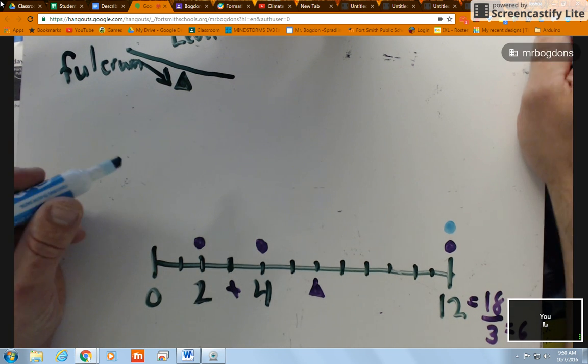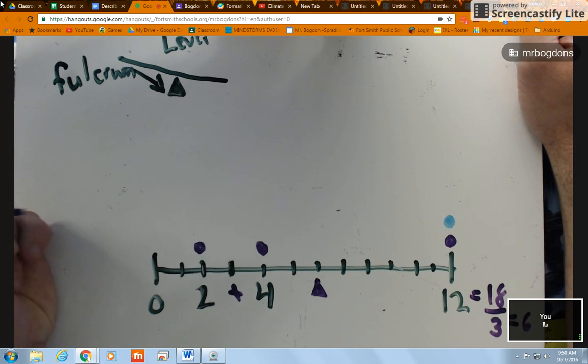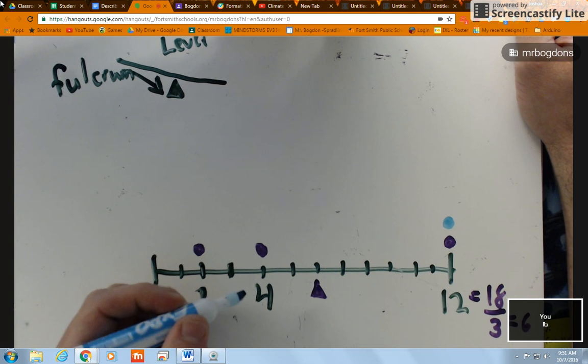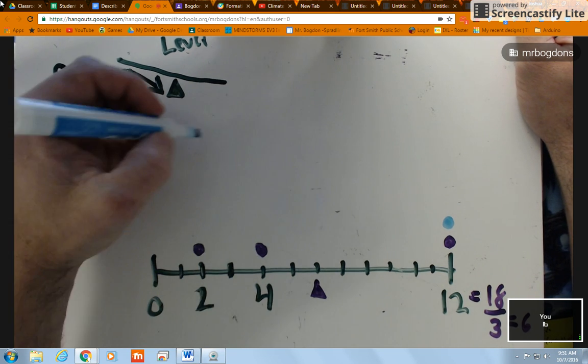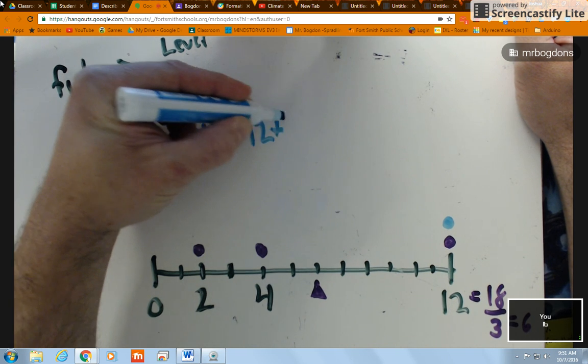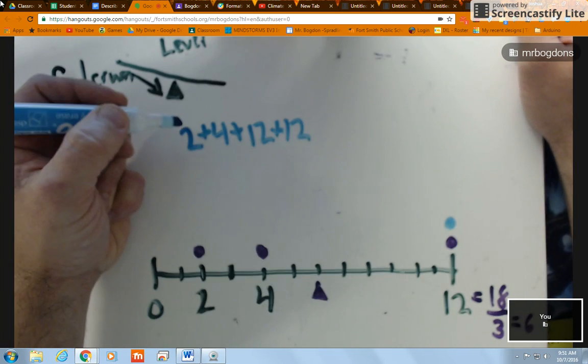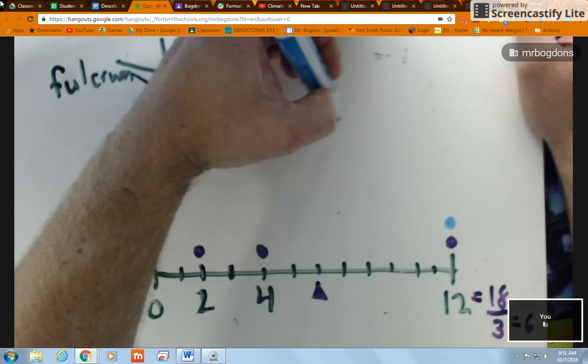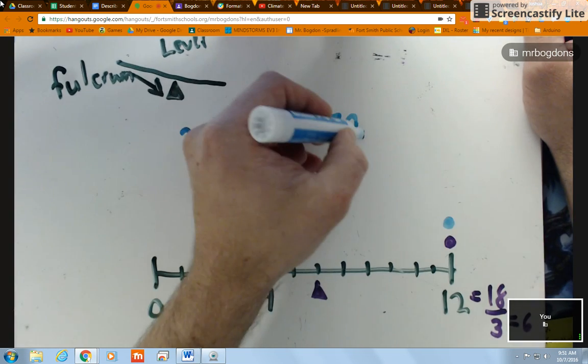Okay. So how can I prove mathematically where it's going to be? If I add together 2 plus 4 plus 12 plus 12, what is 12 plus 12? 24 plus 6 is 30. What is 30 divided by 4?